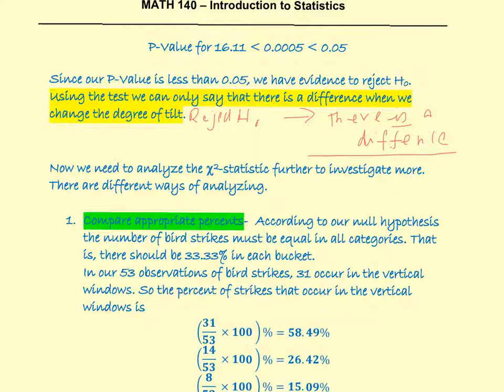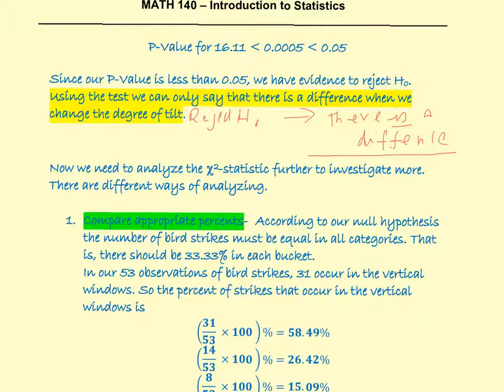However, now that we know that we can reject H naught, we can go back and look at the observed and expected counts from the data that we've collected and the expected counts that we have calculated, and see which category deviates from what is expected. What is the category that has a maximum deviation or any deviation at all from what is expected based on the null hypothesis that all counts must be equal.